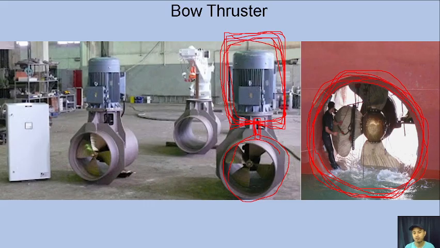We don't have to start it on full load directly. This bow thruster is one of the biggest consumers of load in our generators. You see how big this motor is, bigger than a person.